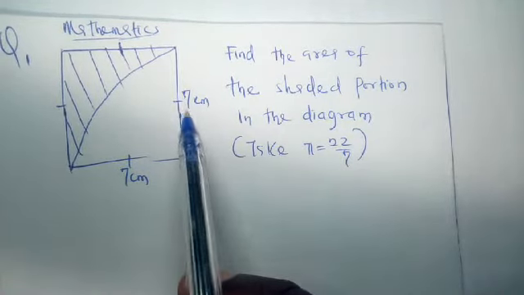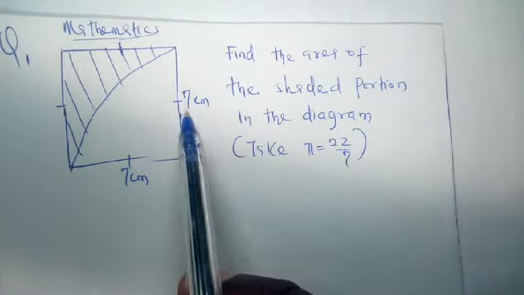Area of a square is equals to length times breadth. From the above diagram, you would see that length is equals to 7 centimeters and breadth is equals to 7 centimeters.